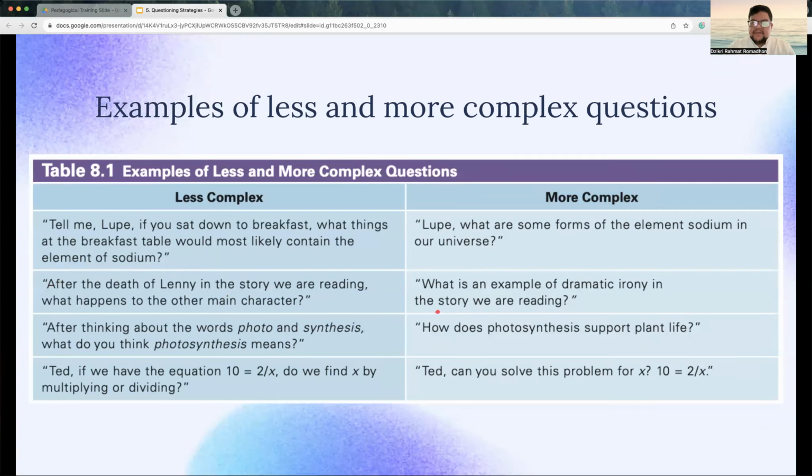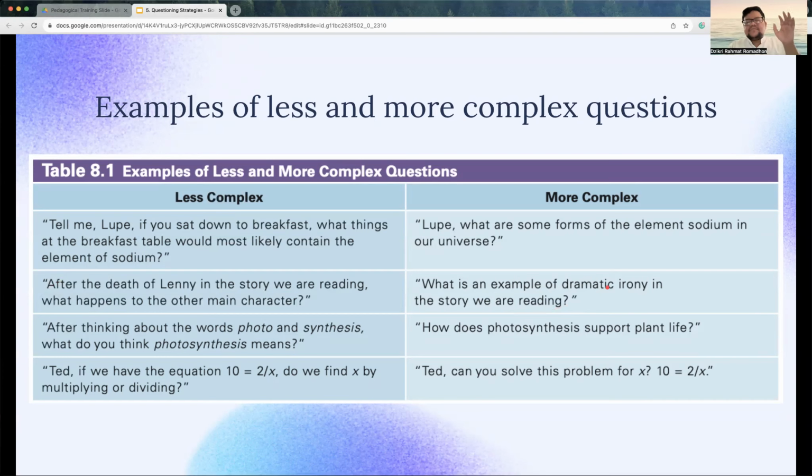But for this kind of question, for example, what is an example of dramatic irony in the story we are reading? Of course they have to understand what irony is, and then add the dramatic. They have to define that in their head, and then they have to assign this definition of dramatic irony to some story inside the book.